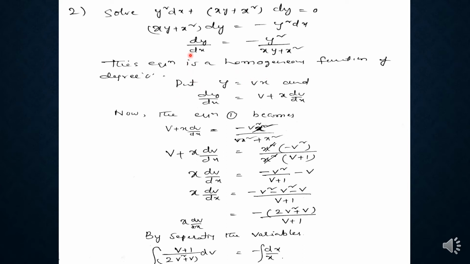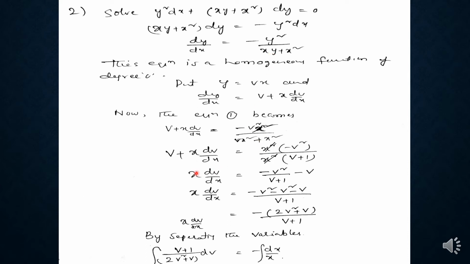So after confirming the given differential equation is a homogeneous differential equation, then put y is equal to vx and dy by dx is equal to v plus x dv by dx. Now the equation 1 becomes v plus x dv by dx is equal to minus y square, means v square x square by x into y, means x into vx plus x square.